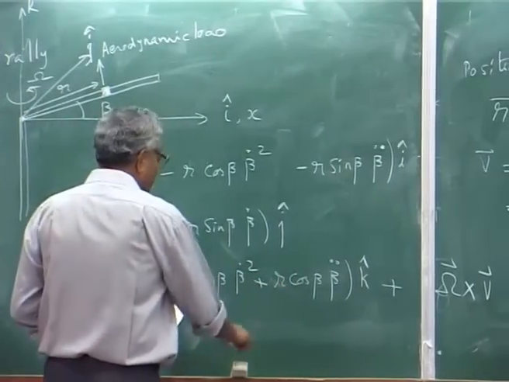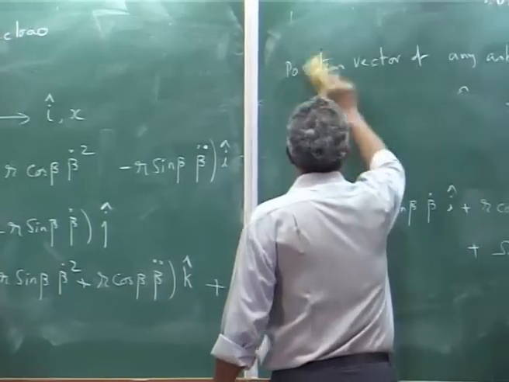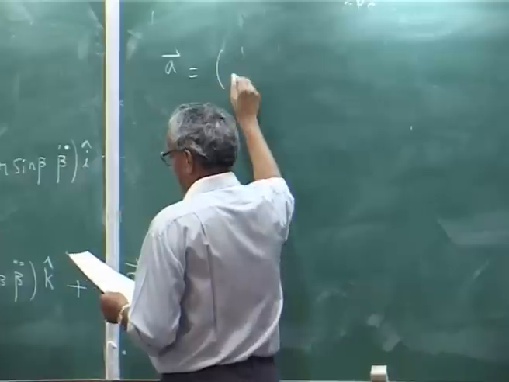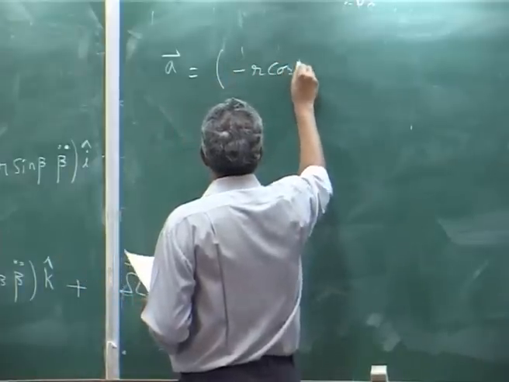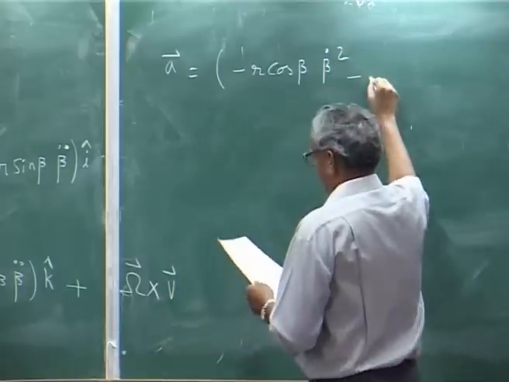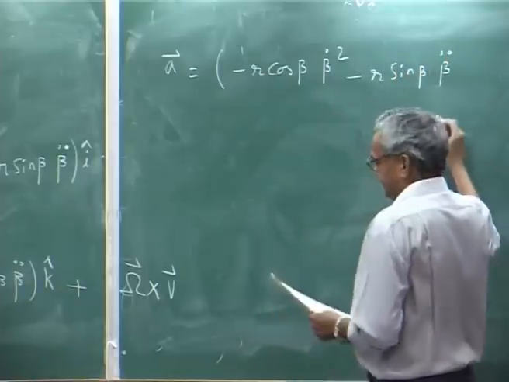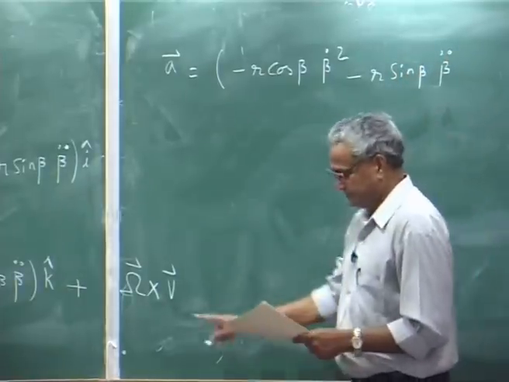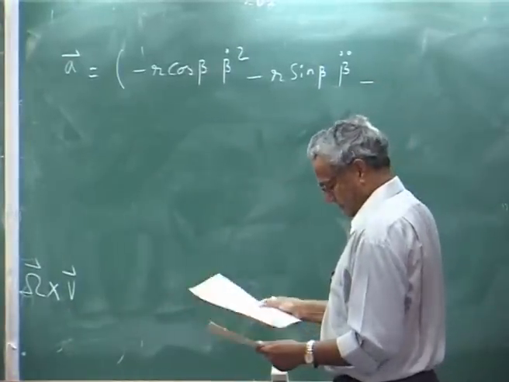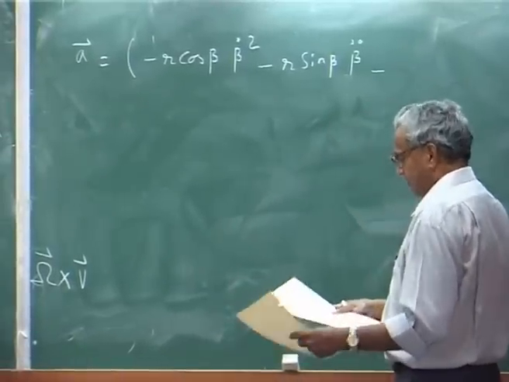Now when you add those things, your acceleration expression will be minus r cosine beta square, r sine beta double dot, and then minus, one minute, what is that term?